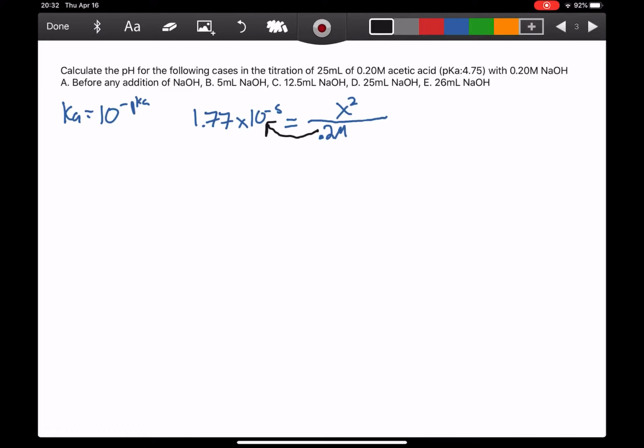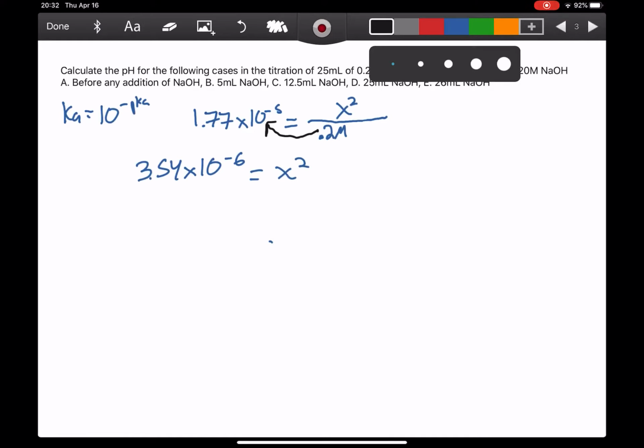So 1.77 times 10 raised to the negative fifth times 0.2 is going to be equal to 3.54 times 10 to the negative sixth, and that's going to be equal to X squared.